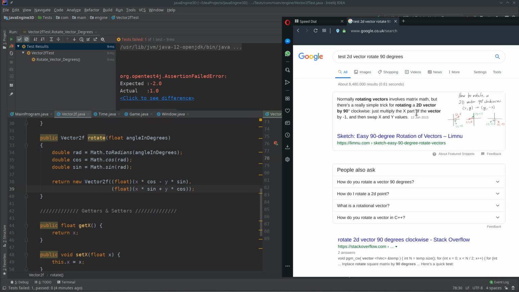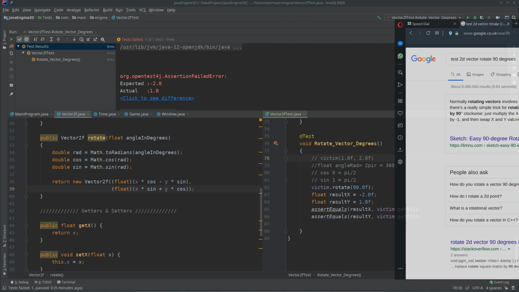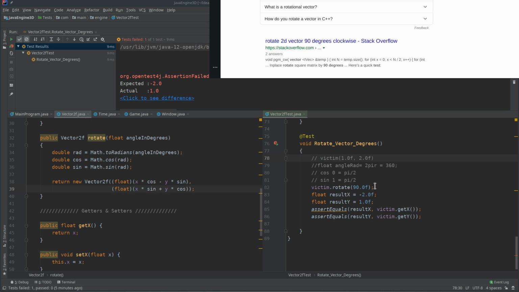Multiply the x part of the vector by -1. And then swap x and y values. That's what I was thinking. That is the simplest test that I know, and it's wrong. Multiply the x part of the vector by -1 and then swap them over.